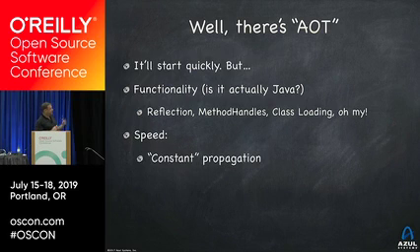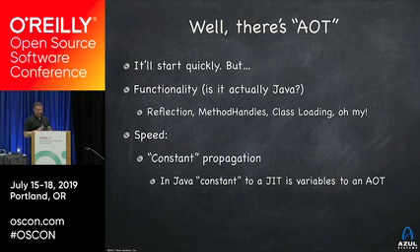On the speed side, there are other things to look at. The notion of constant propagation, the ability to take a value propagated through and get rid of code, depends on the value being constant. But in Java, most constants are constant only to a JIT compiler, because they are static finals that are initialized during the beginning of the application.